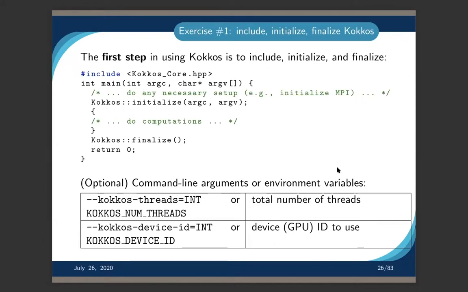And you have to finalize everything. In finalize, we check for memory leaks, so all our Kokkos data structures need to be deallocated before you call finalize. Otherwise, you're going to get complaints. One more thing: at present, you cannot call Kokkos initialize again after finalize, which is equivalent to MPI. You're not allowed in the standard to call MPI initialize after MPI finalize. In Kokkos it's the same thing.